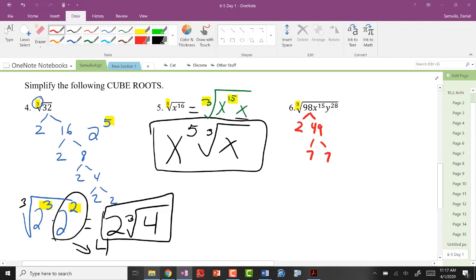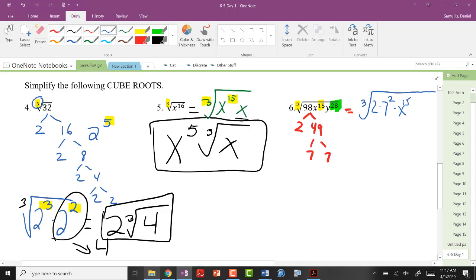I don't have an exponent, or if I rewrote that, that gives me the cube root of 2 times 7 squared, because I can't do anything else with that. Okay, the x to the 15th is fine. Why is it fine? Because 15 is divisible by 3. But is 28 divisible by 3? No. What number is divisible by 3?